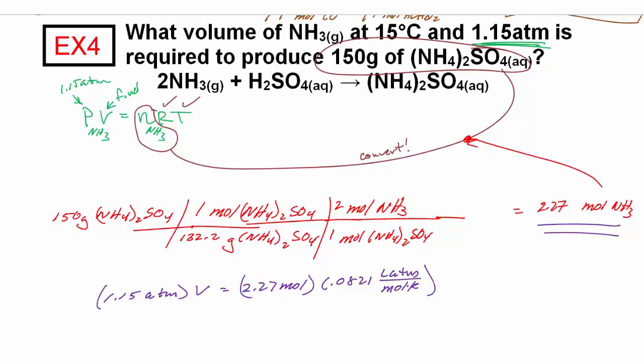The temperature was 15 degrees Celsius, 288 Kelvin. So my volume is going to come out in liters. 2.27 times 0.0821 times 288 divided by 1.15, about 46.7 liters.